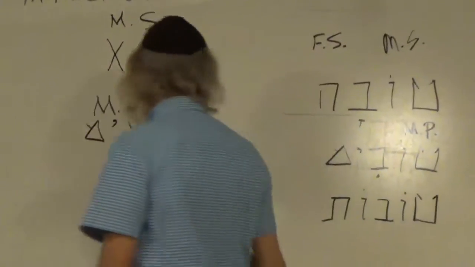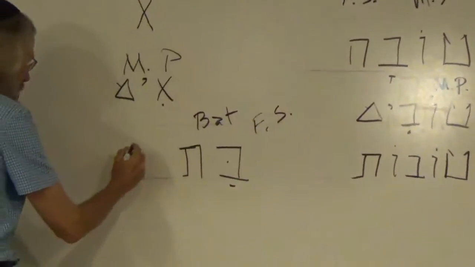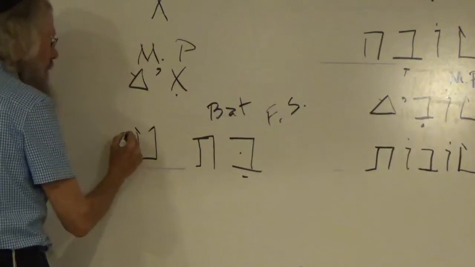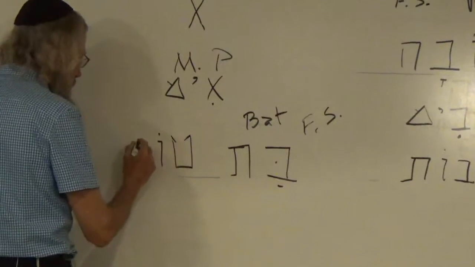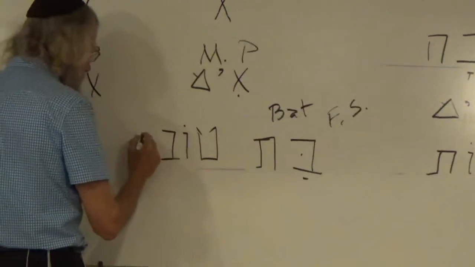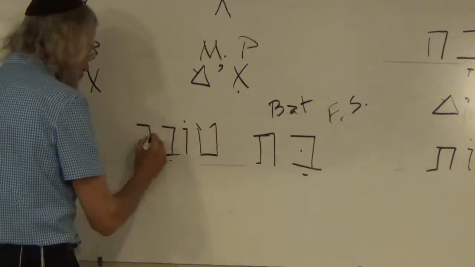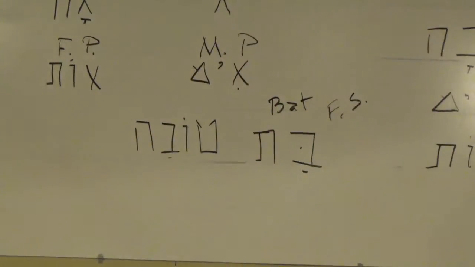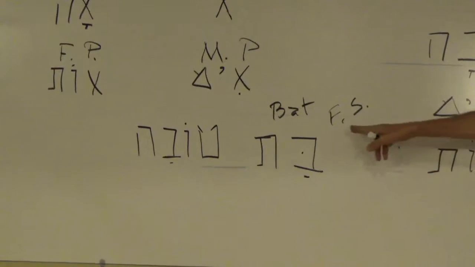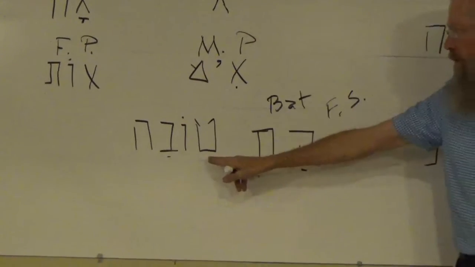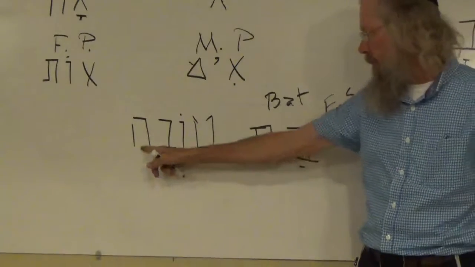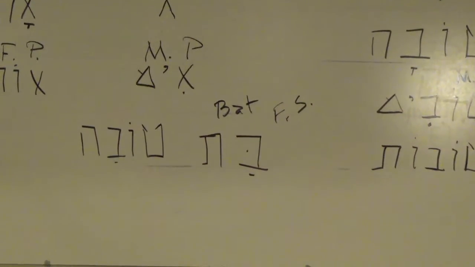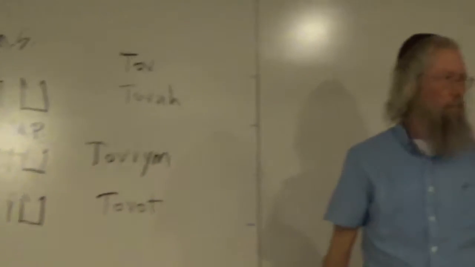Alright? So I want to say good daughters. Batot. Wait, no. Because they both have to match. Exactly, they have to match. So if you have feminine singular, it must be feminine. How did we make it feminine? Got it? Batova. Good daughter.